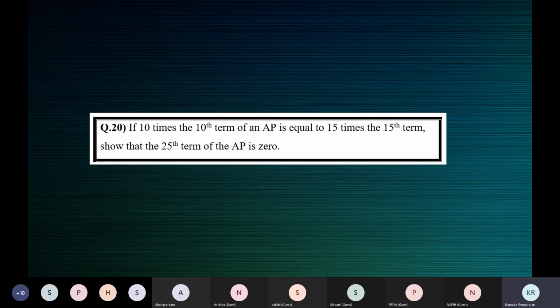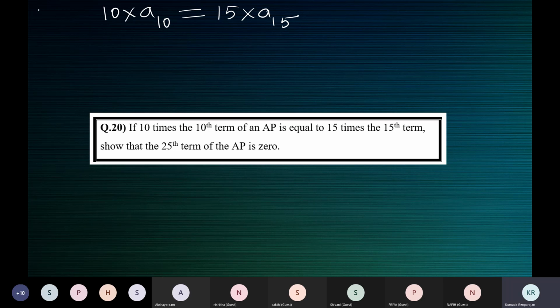If 10 times the 10th term of an AP is equal to 15 times the 15th term, show that the 25th term of the AP is 0. So what is given to us? If 10 times the 10th term is equal to 15 times the 15th term.